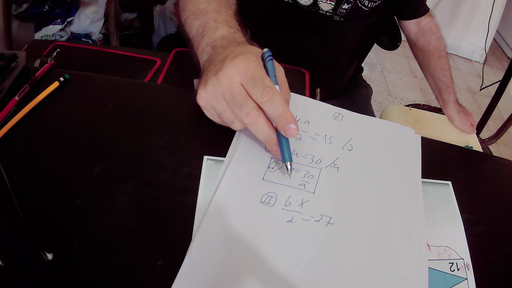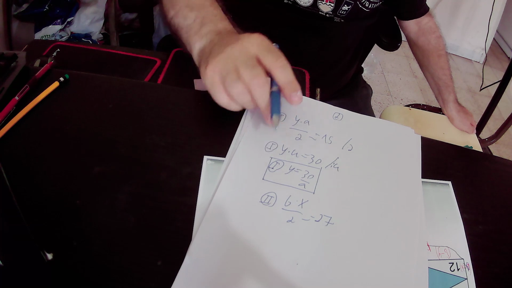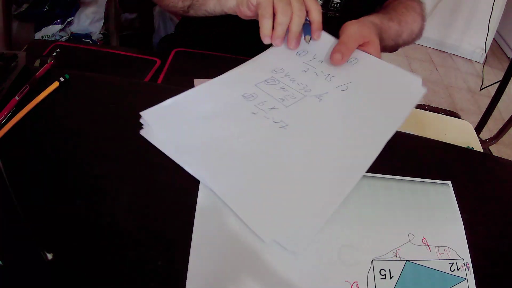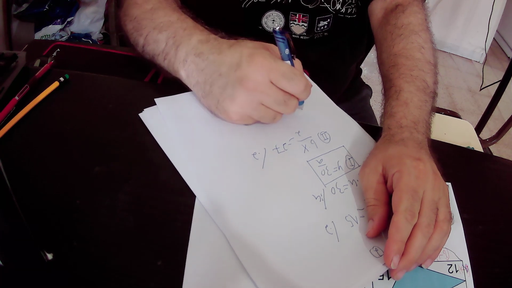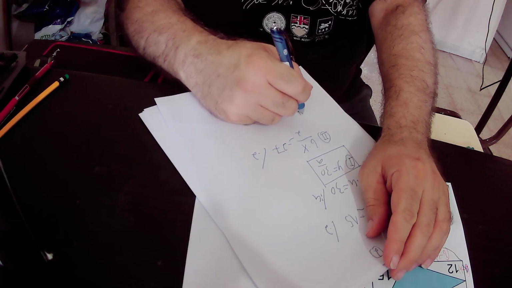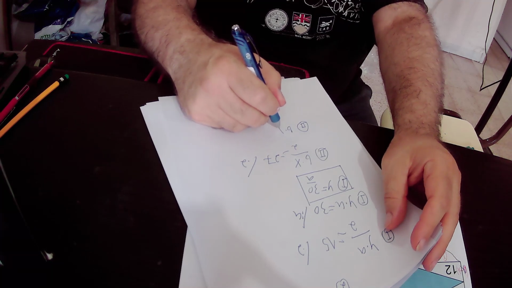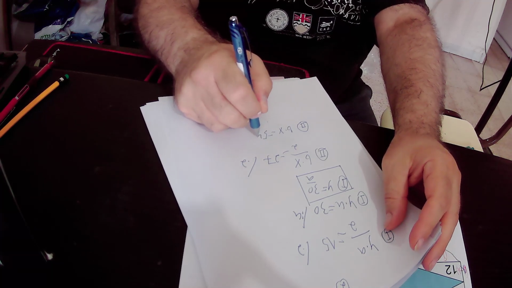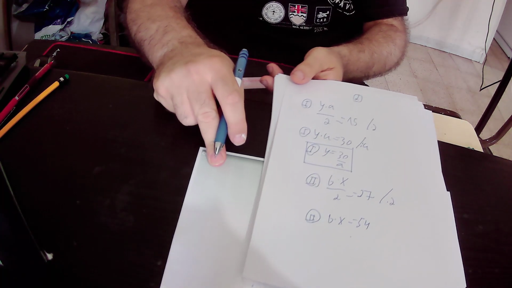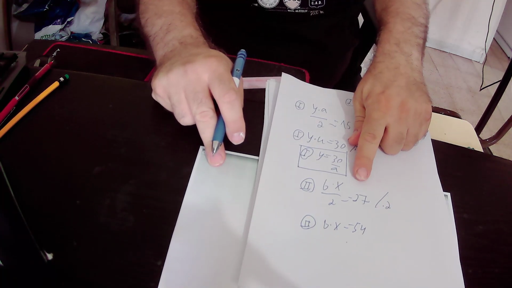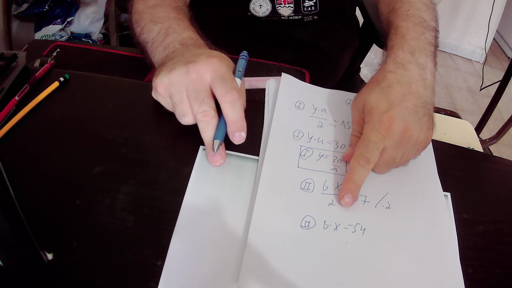We'll multiply both sides of the equation by 2. So we will get that b times x equals 54 (27 times 2 is 54).